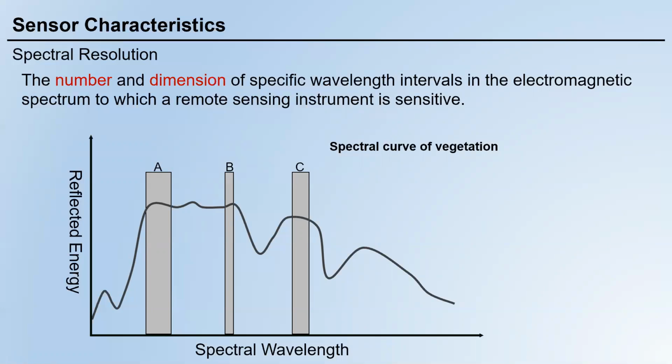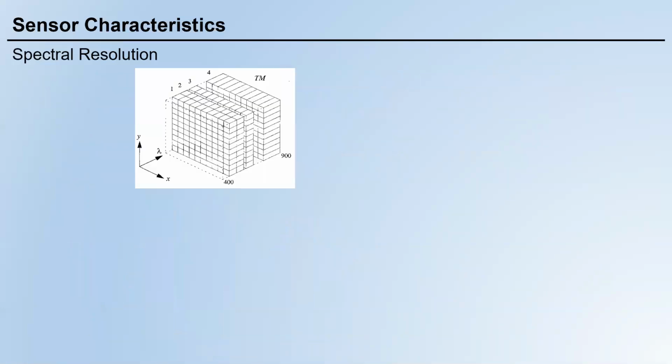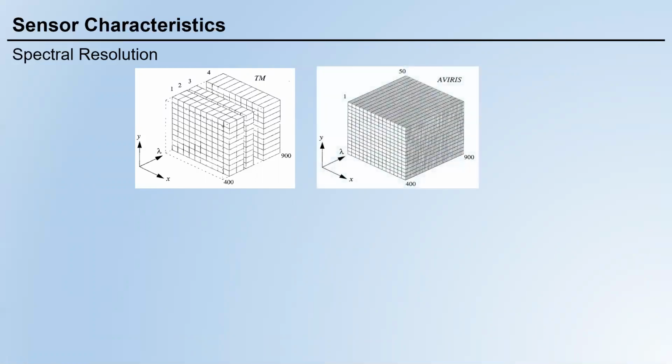More bands, okay, good. But for each band, the narrower the band, the better the sensor. Okay, and more examples here. For example, for the TM sensor, from 400 to 900 nanometers, there are 4 bands, and there are gaps, which means at specific wavelengths there is no band designed in the TM sensor. On the other hand, let's check another sensor called AVIRIS, from 400 to 900 nanometers, the same range.